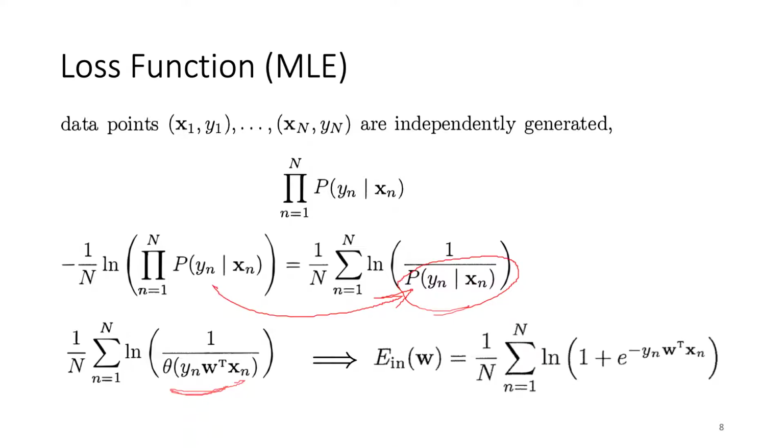And thus, finally, the loss function of the logistic regression, which is the summation of all the pointwise errors, is going to be 1 over n, the summation of n from 1 up to N, of ln of this value. That's the thing we are interested in calculating for the loss function.